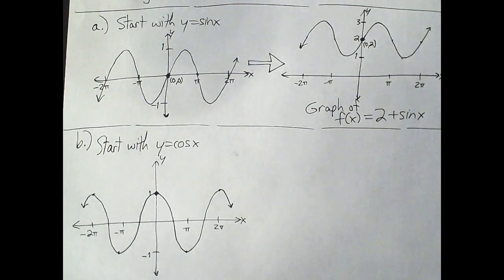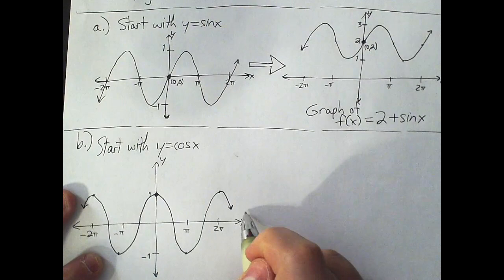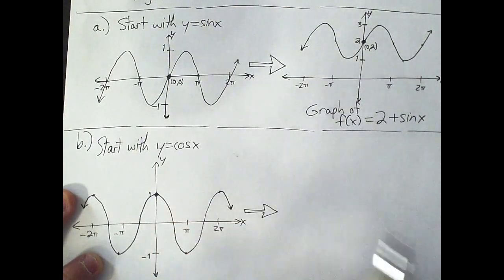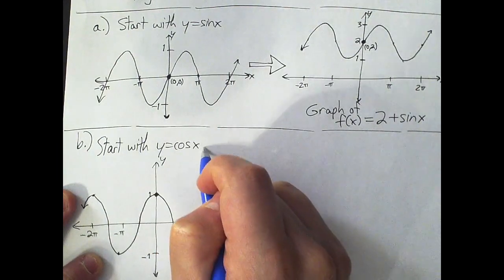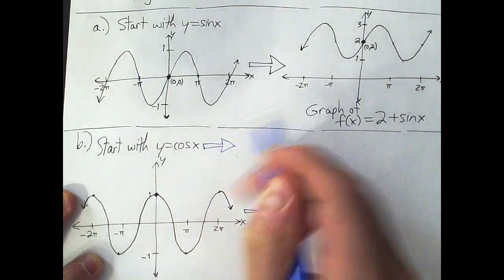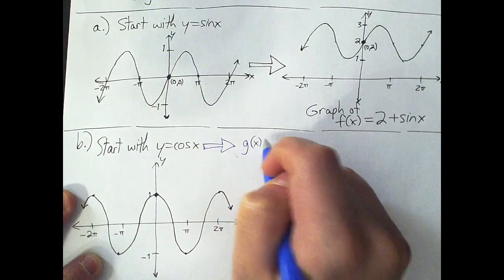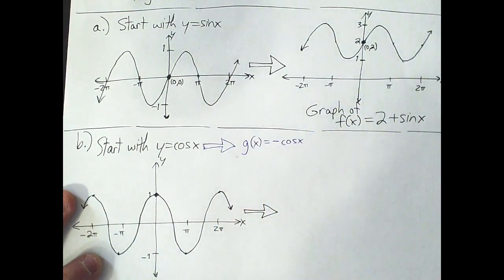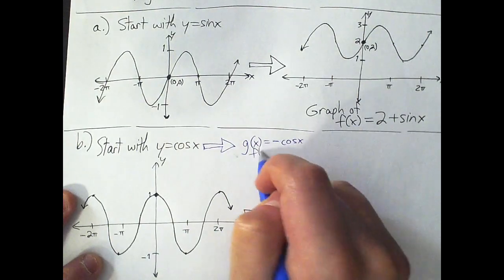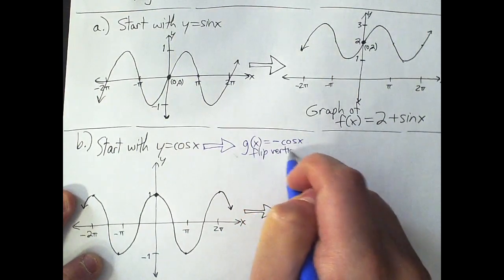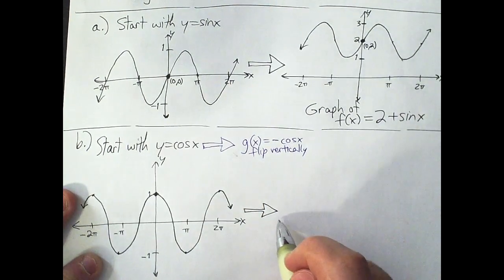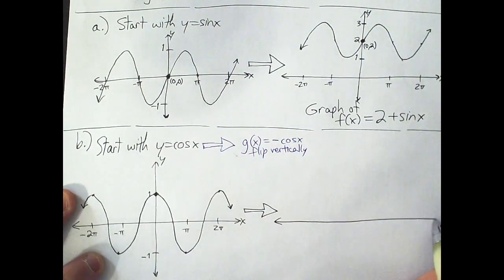What does negative do? Negative is a transformation. So we want g of x equals negative cosine x. The negative is outside, so this means we're going to flip vertically. We're going to reflect about the x-axis, right?